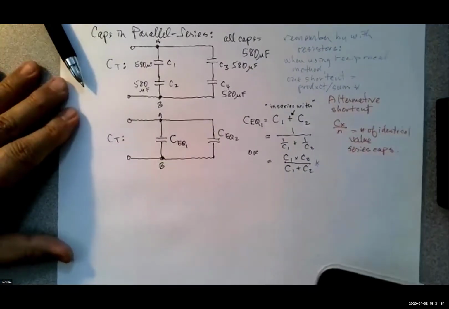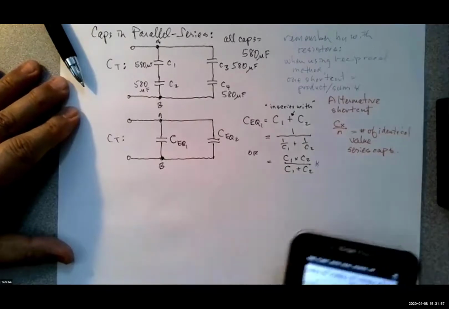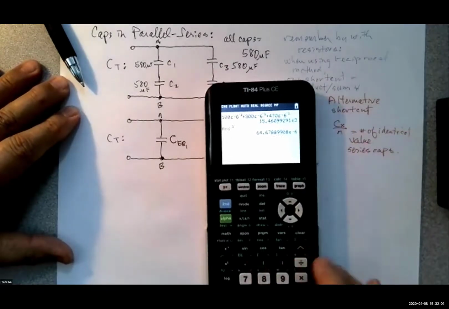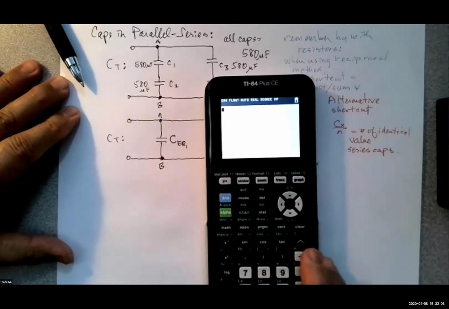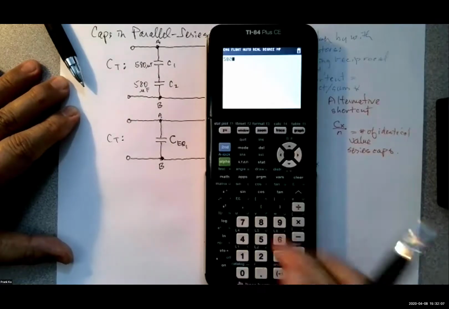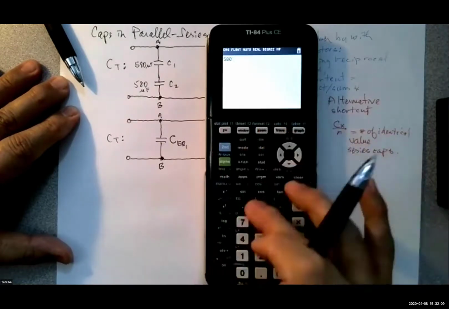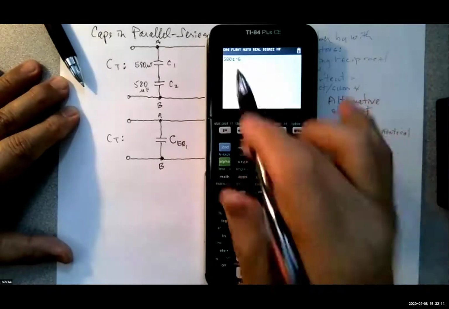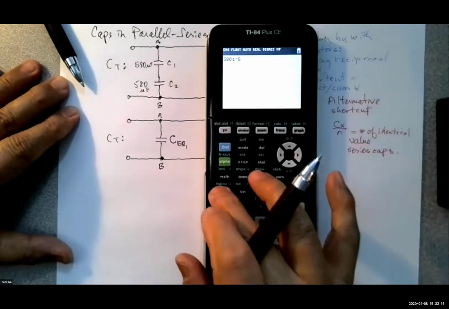You could do that using mama's calculator between your ears, right? So let's go ahead and double check that with a scientific calculator. Let's clear. So let's go ahead and actually key in 580. I'm going to do the reciprocal method. Second exponent, -6. So that's my first 580 microfarads. I hit reciprocal.